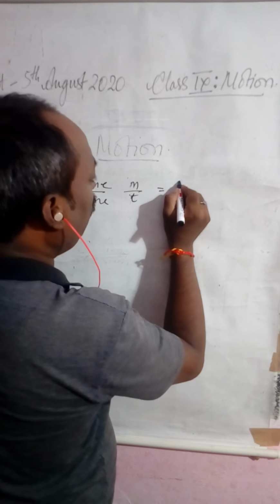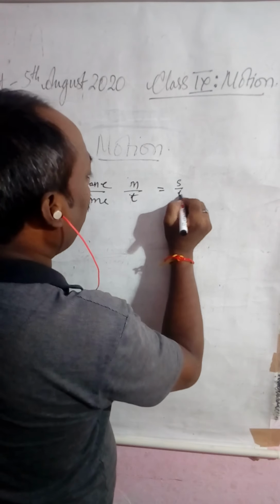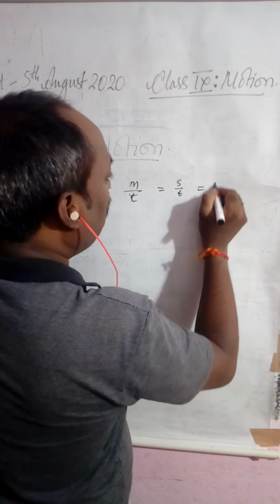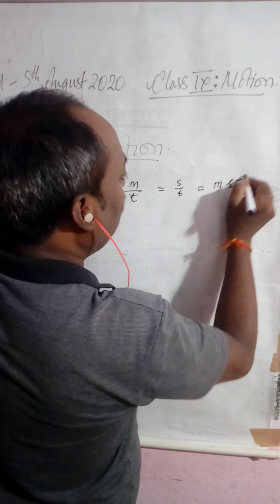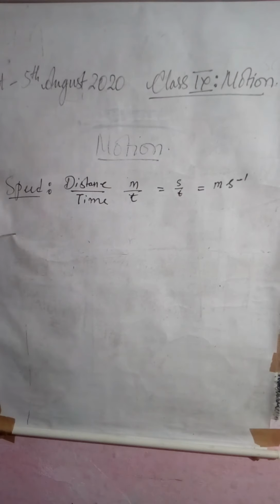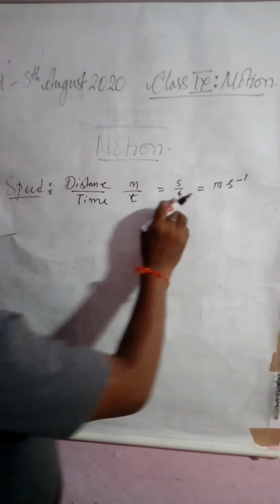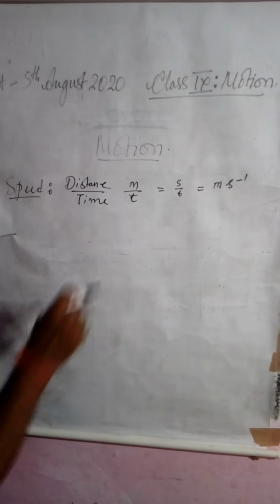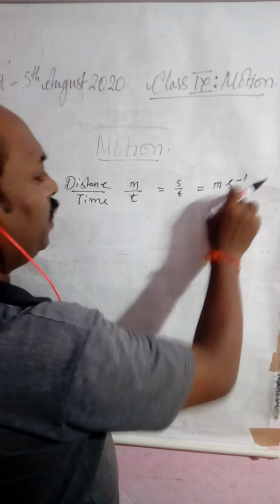Distance we always denote by s and time by t, so speed is denoted by meter per second.